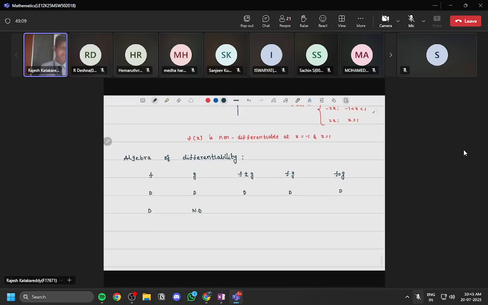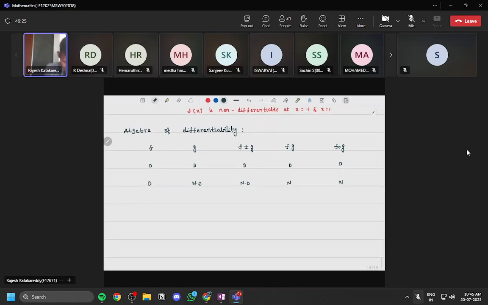So sum or difference will be definitely non-differentiable. Product may be differentiable. Composition may be differentiable. That we need to verify. When both of them are non-differentiable, we cannot say anything about this.